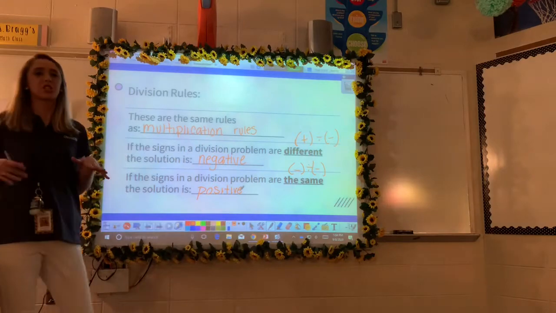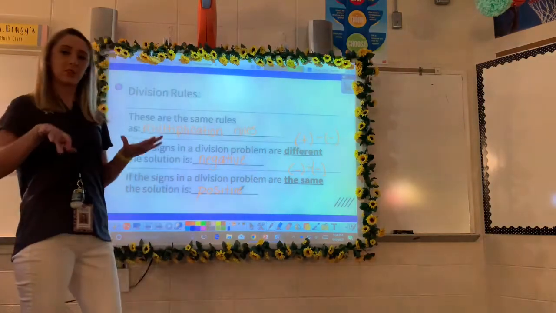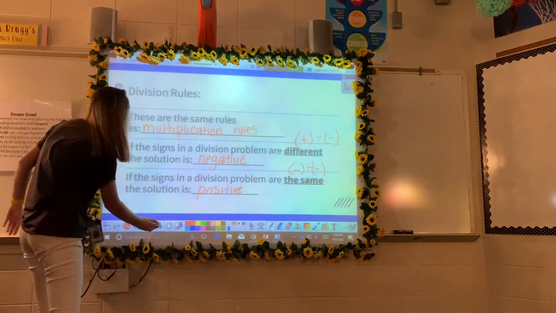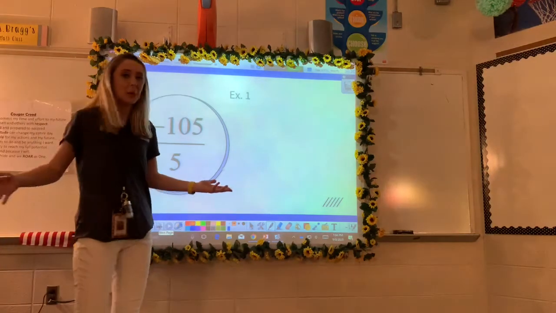Like I said, that should look the same as it did for multiplication, so hopefully that's not too stressful because the rules are the same. And then we're just going to jump in.